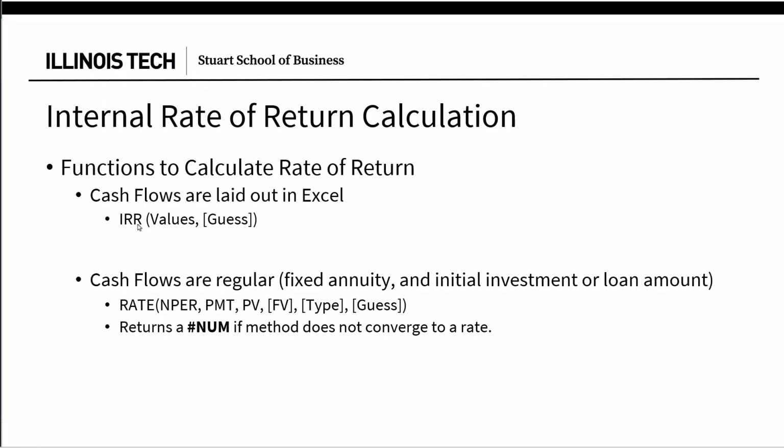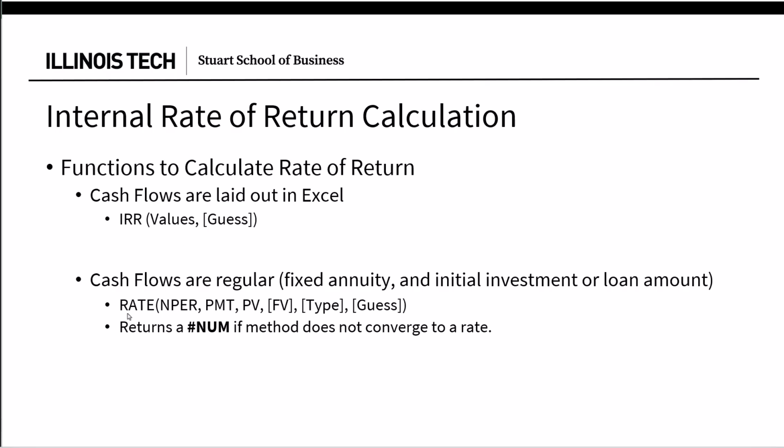This is going to be the function to use when the cash flows are laid out in a tabular format in Excel. When we have regular cash flows, so we have an annuity where we have an initial investment or a loan amount, then we can use the rate function.